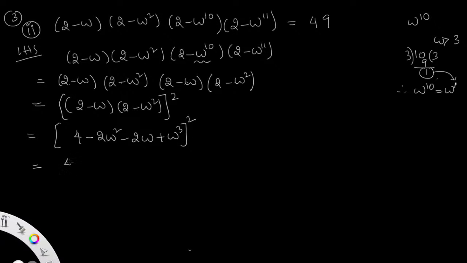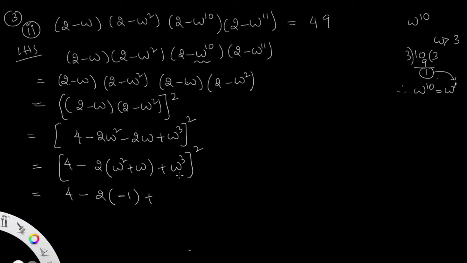So that is 4 minus, from this take minus 2 common, omega square plus omega, plus omega cube. What is the value of omega cube? We know 4 minus 2 into omega square plus omega, which is minus 1, and omega cube is nothing but 1. So this whole square is nothing but 7 square, which is 49. That's all for this question.